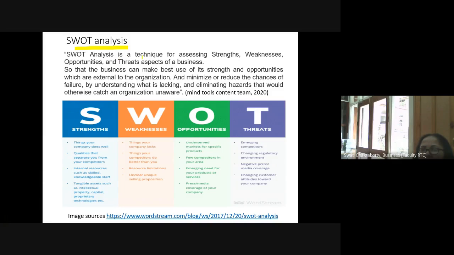SWOT, as we said, is a technique for assessing strengths, weaknesses, opportunities, and threats of any business. So any business can make the best use of its strengths and opportunities, and minimize the chances of failure by understanding what they lack, and eliminate the hazards that would otherwise have an effect on the organization all of a sudden.